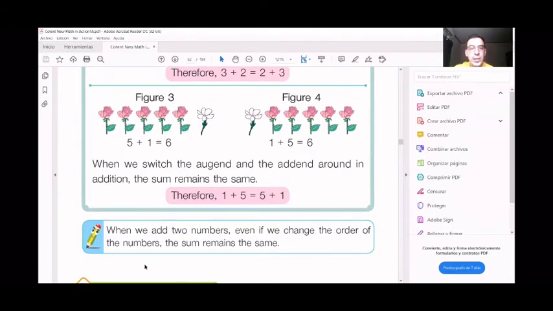Perfect. Now let's read the speaking pencil. Can you read with me? Okay, read after me. I read and you follow me. Let's read, please.